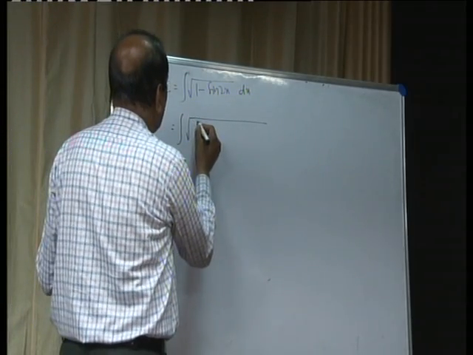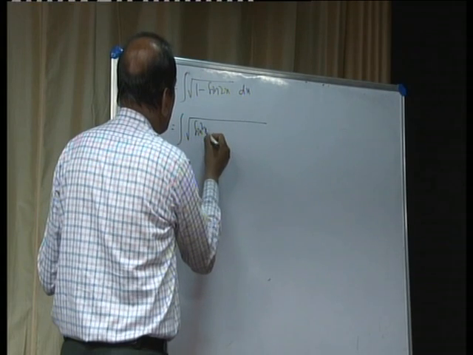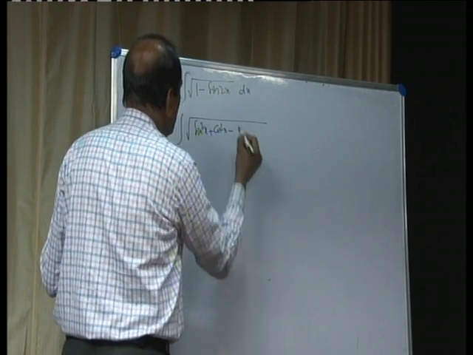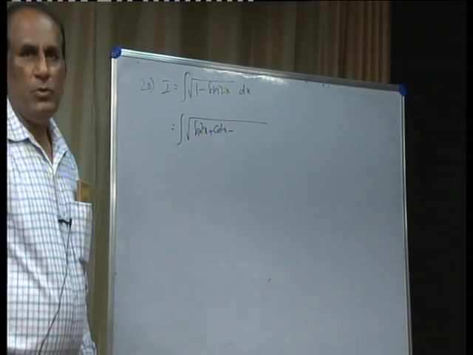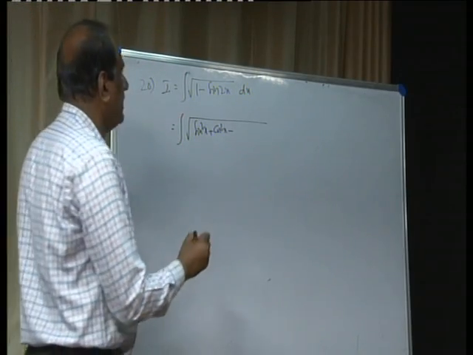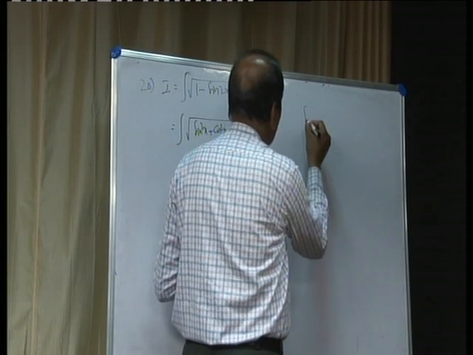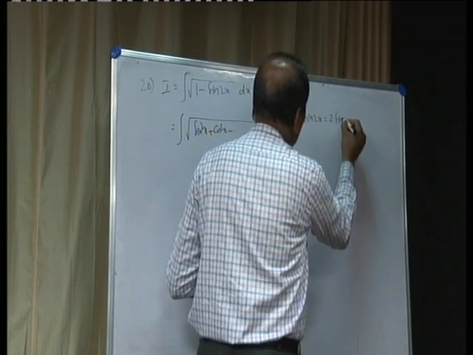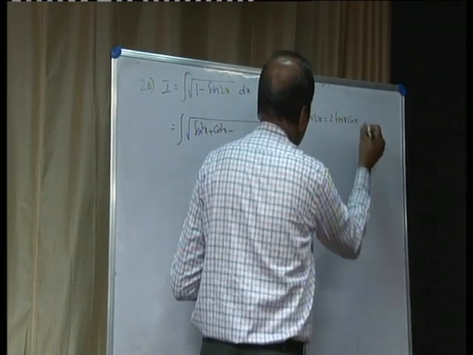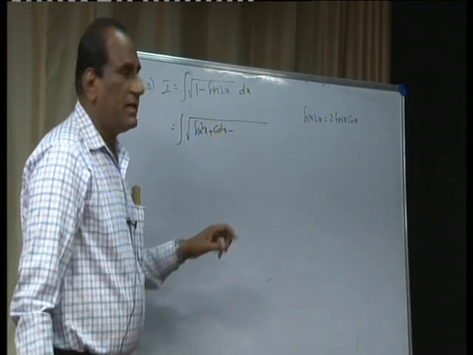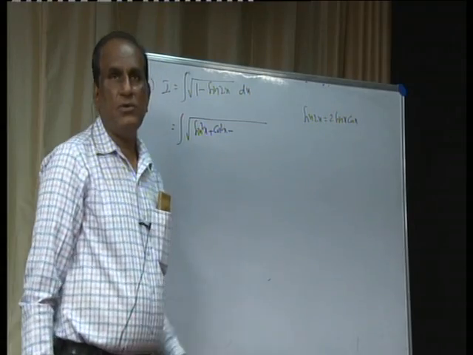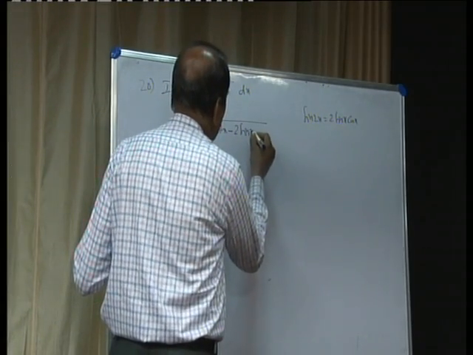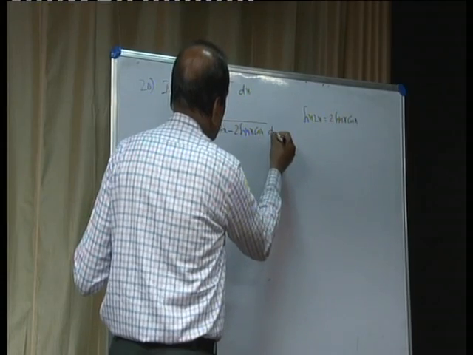Therefore, write 1 as sin square x plus cos square x, minus sin 2x. Sin 2x expansion, multiple angle formula: sin 2x is equal to 2 sin x cos x. So minus 2 sin x cos x dx.